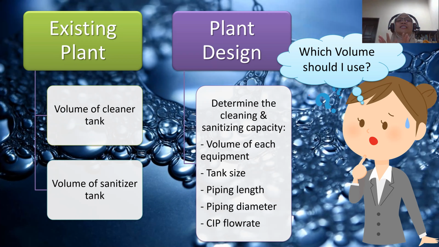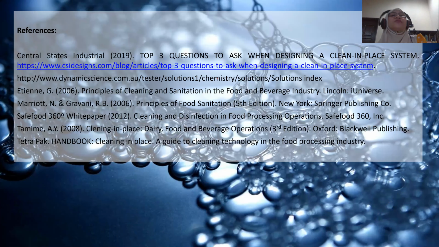This part is quite complicated and needs a lot of calculation, because you need to identify the volume needed for every equipment where the cleaning detergent will flow. Okay, that's it for now.